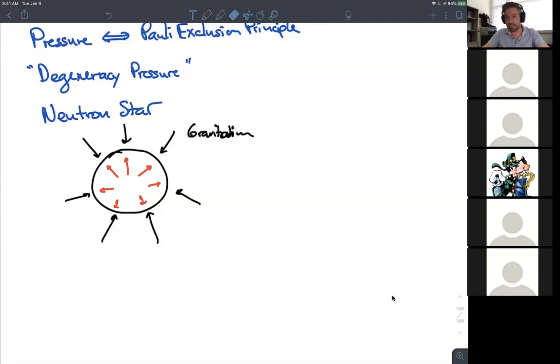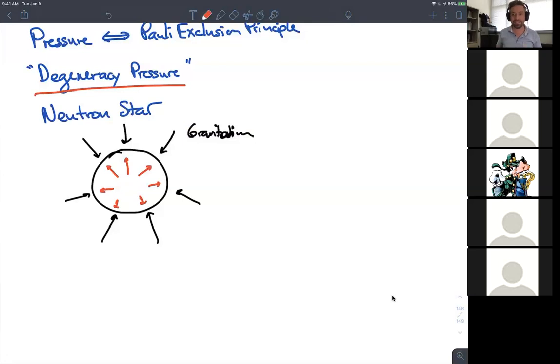And essentially, the only thing preventing it from collapsing into a black hole is this degeneracy pressure. So the last stopblock against collapsing into a black hole is the degeneracy pressure of all the materials that make up the core of this neutron star.